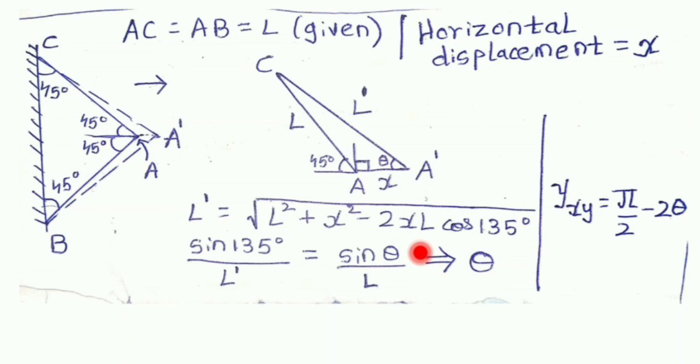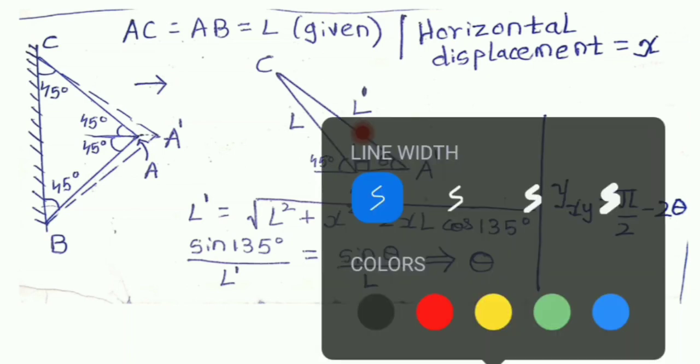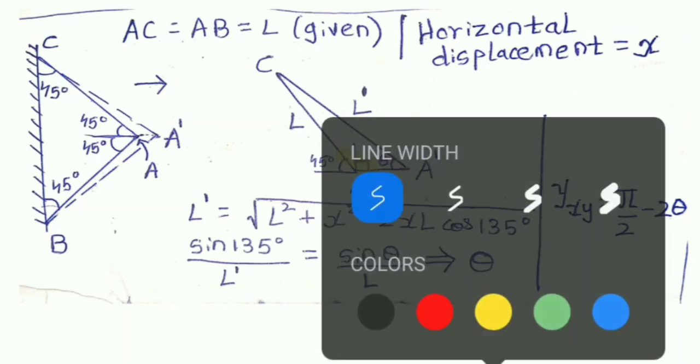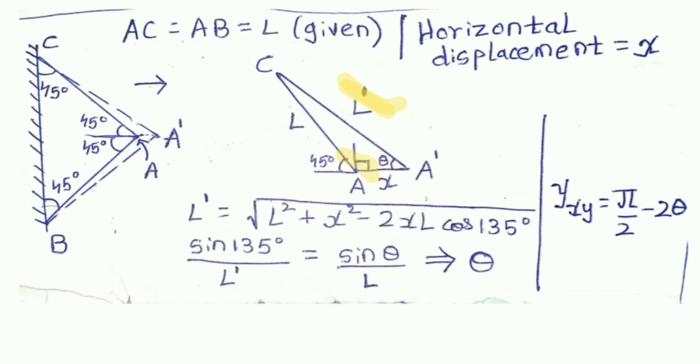Where did this 135 come from? Obviously, if this is 45 degrees, this part would be 135 degrees. So it is easy. From here we are going to get L dash. Now moving on to the sine rule.